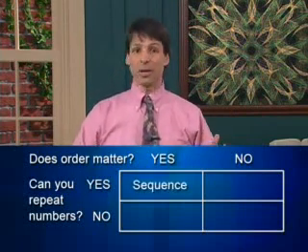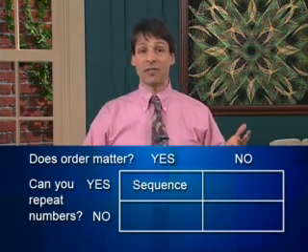For example, when creating a 5-digit computer password, we're choosing 5 numbers from the set of digits 0 through 9. The order definitely matters, since the password 31415 is not the same as the password 31451.